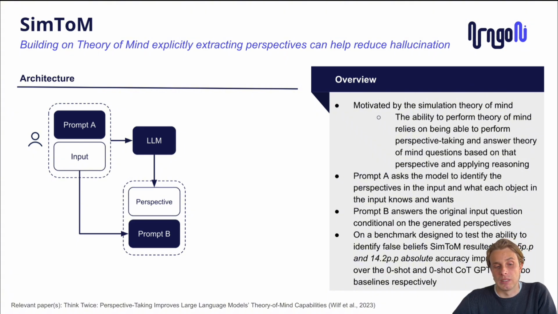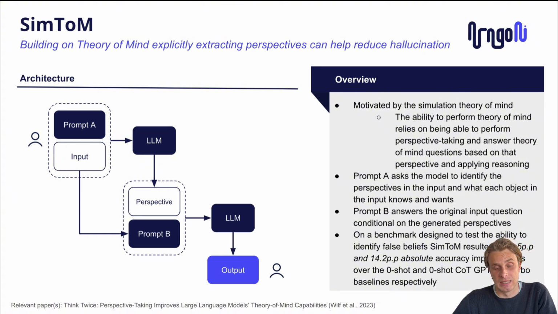The large language model is then going to generate the core perspectives, because you've prompted with this first prompt asking it to do so. Finally, you have a secondary prompt, which asks it to answer the original input question provided by the user and take into account the perspective extracted from the first stage.